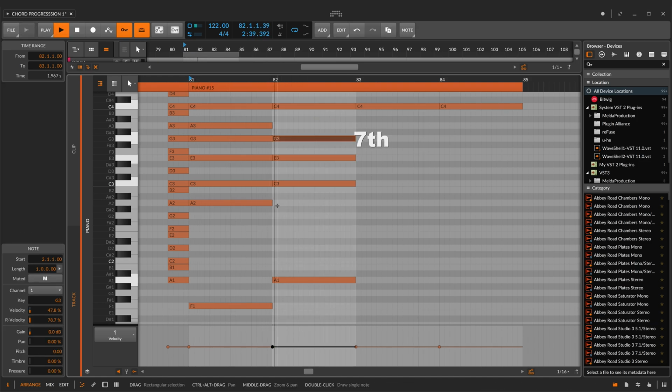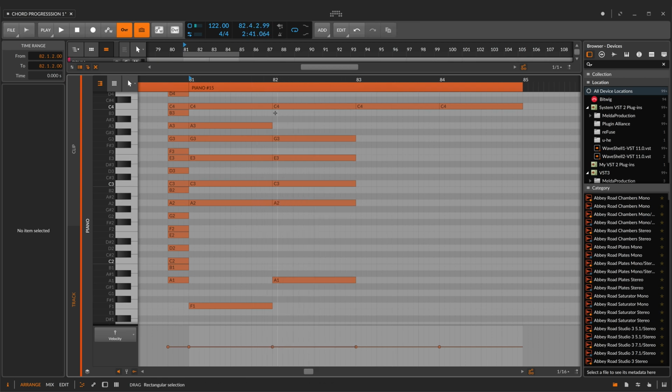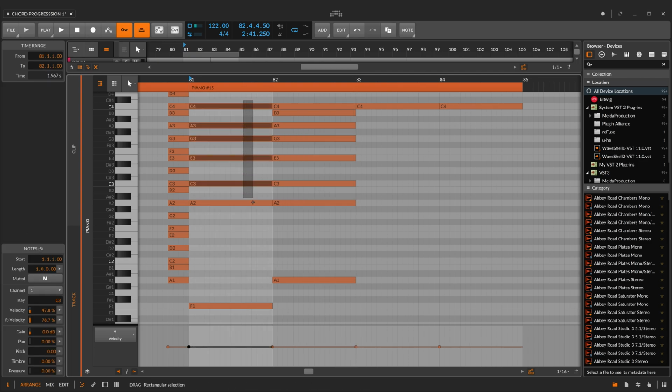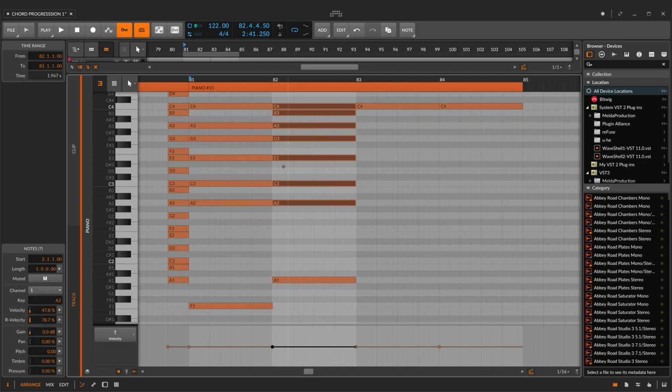G is the 7th of the chord, and B is the 9th of this chord, and C, the last note, the stable note, in this case is the 3rd note, but before in the previous chord was the 5th note. Now take a look at this. The notes above the root of these 2 chords are very, very similar.